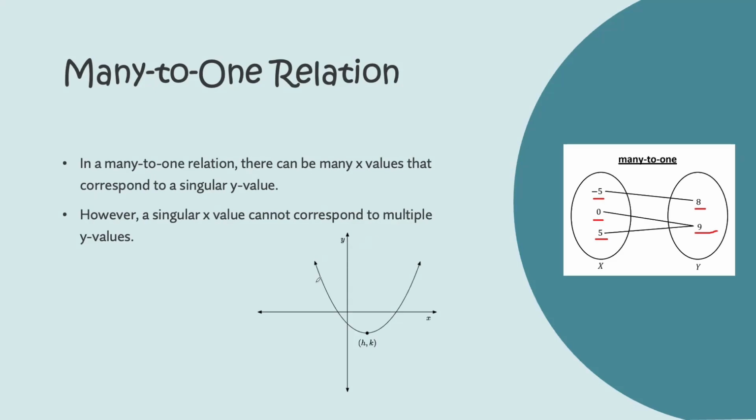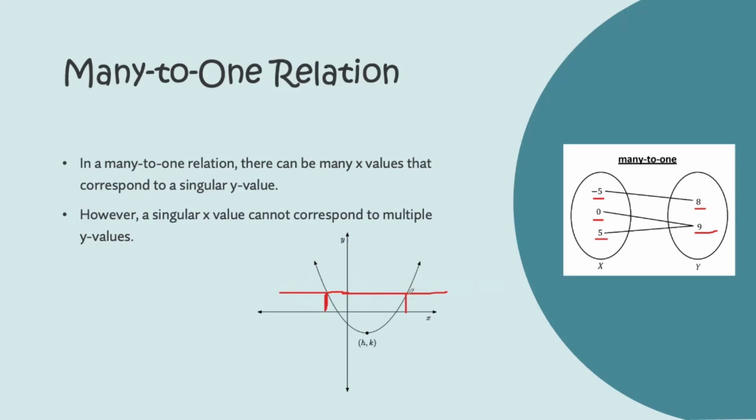If you look at this graph here, this is a parabola, and this is an example of a many-to-one relation. It's a quadratic equation. If you pick a y value here and draw a line through it, there are two x points giving the same y value. Why is that the case in quadratics?